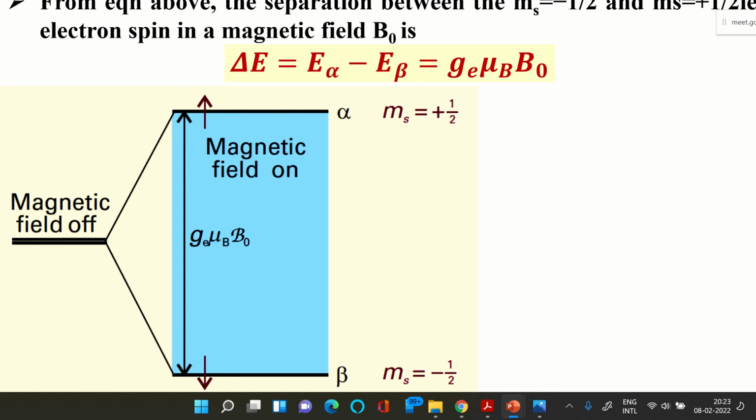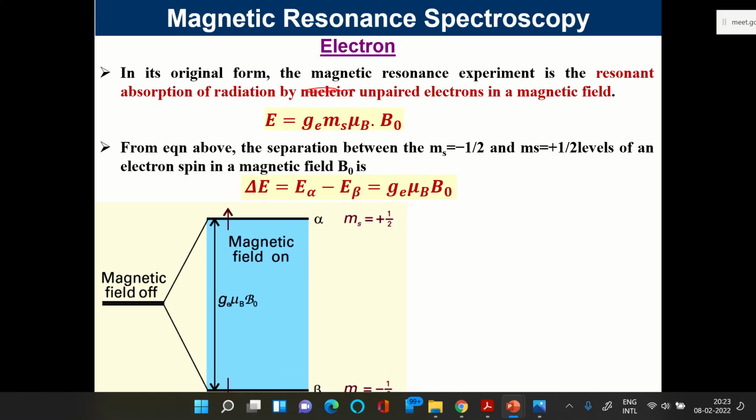When you have plus half, the spin momentum is pointing upwards and the magnetic moment will be pointing downwards, so opposed to the field. In that sense you have this kind of thing, and the difference in energy between the two you can calculate based on the previous formula that we have considered. E is given by m_s g_e mu_B B naught, so you substitute plus half and minus half and get this.